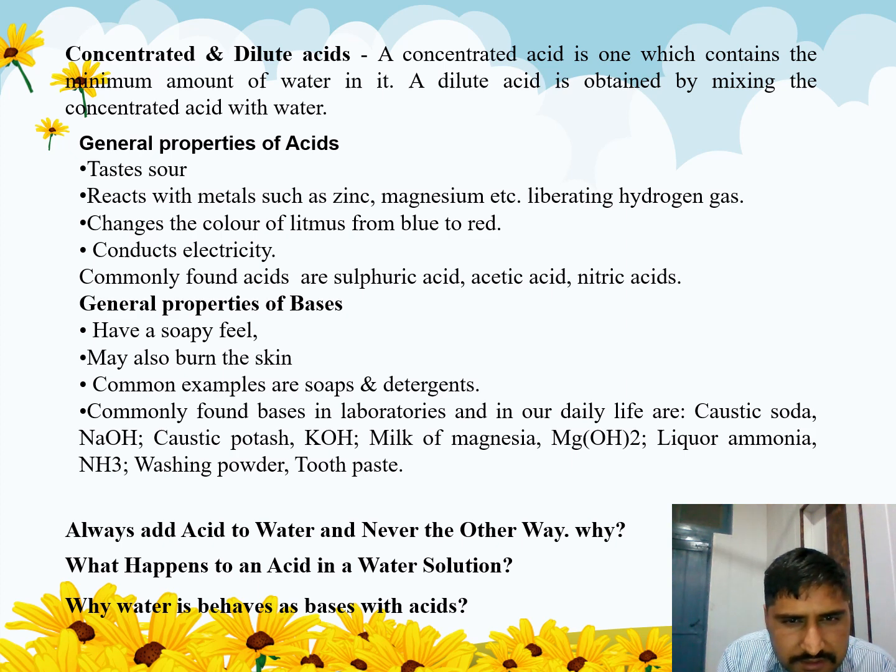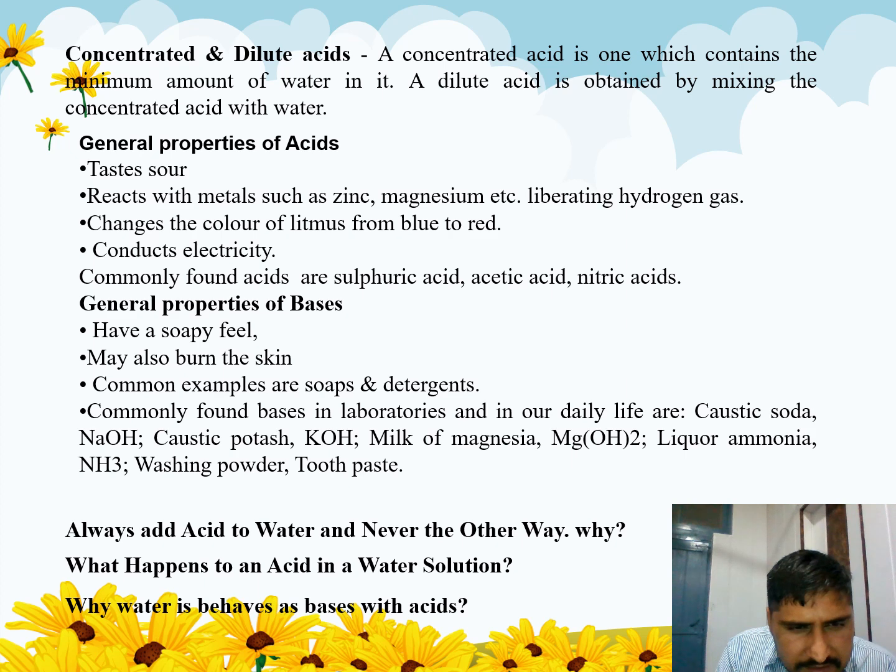They react with metals like zinc and magnesium and liberate hydrogen gas. They change the color of litmus paper from blue to red. They conduct electricity. Common examples: sulfuric acid, acetic acid, etc.